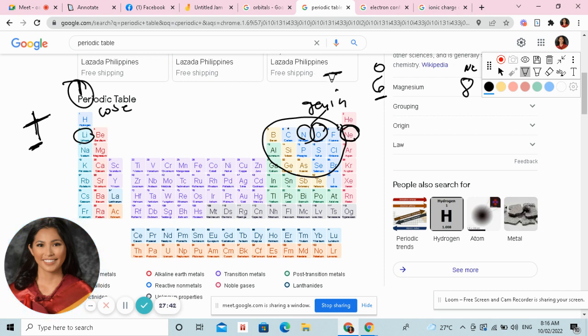The negative charge of the electrons is more dominant. So non-metals gain and metals lose.